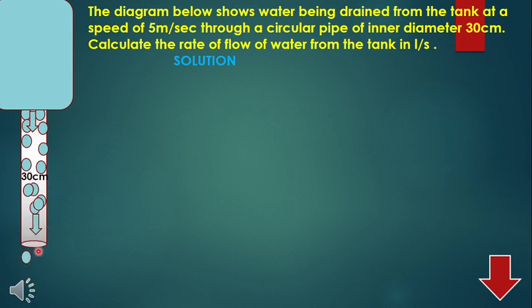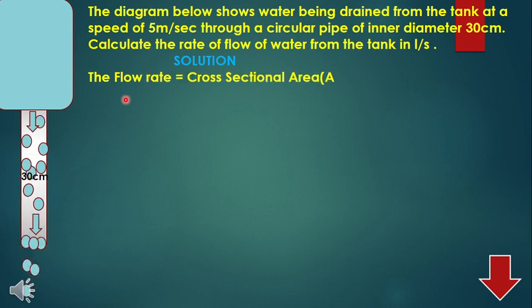From its tip, this circular pipe has an inner diameter of 30 centimeters, and we can see water is being drained through that pipe. So how do we calculate the amount of water that is running from this tank per second in liters? The first thing we have to do is write down the formula.